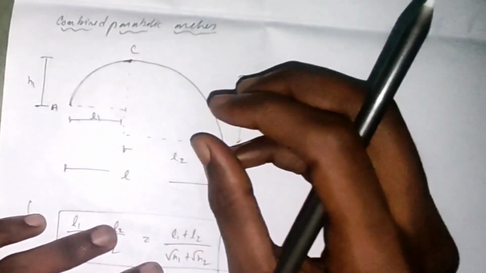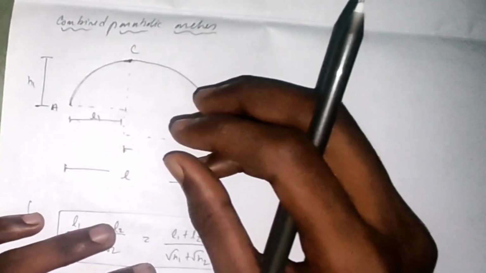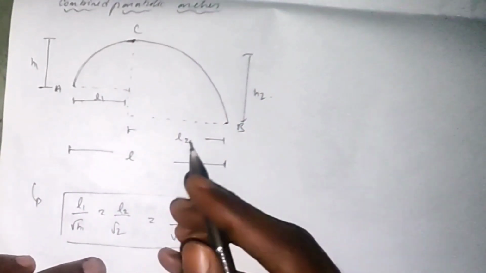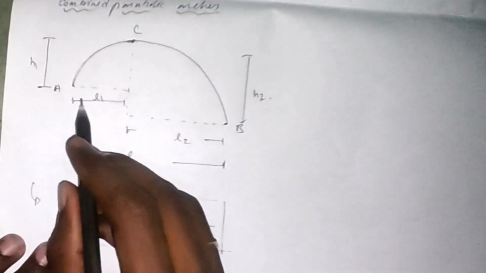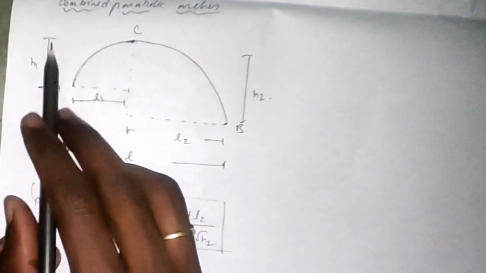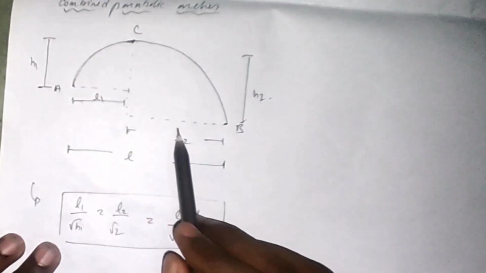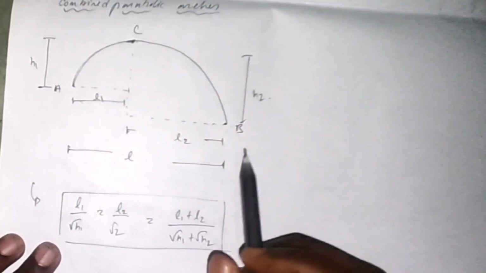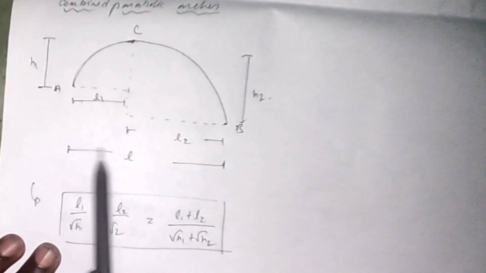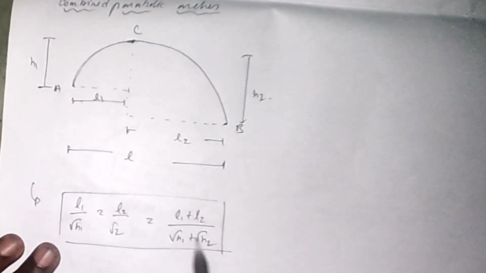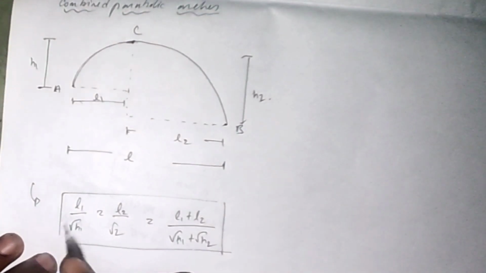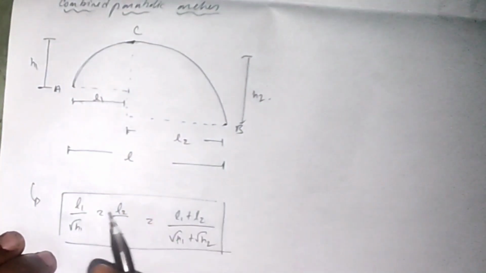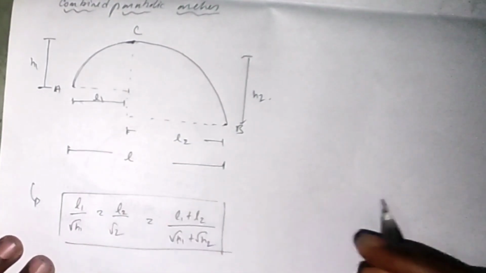To solve this kind of problem, we have a condition: L1 by root over H1 is equal to L2 by root over H2, plus L1 plus L2 by root over H1 plus H2. This is the condition for this kind of parabolic arches.